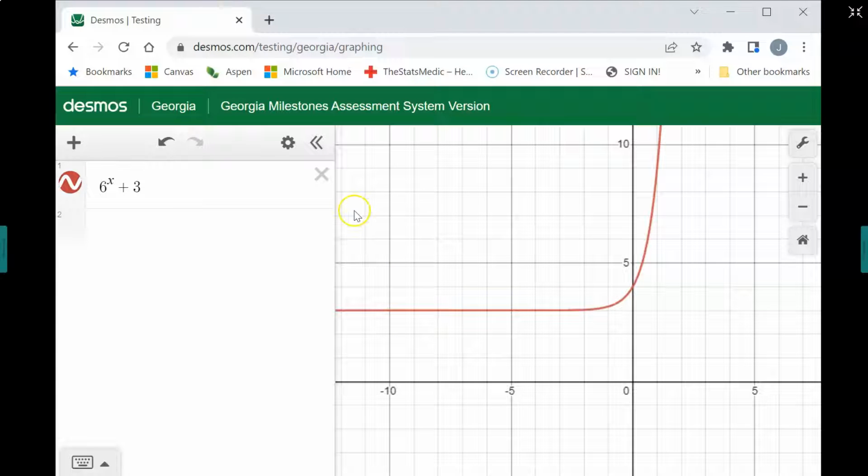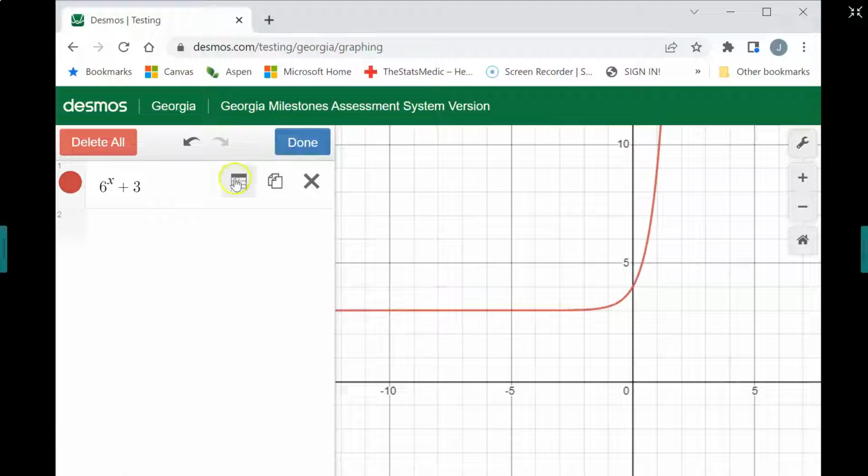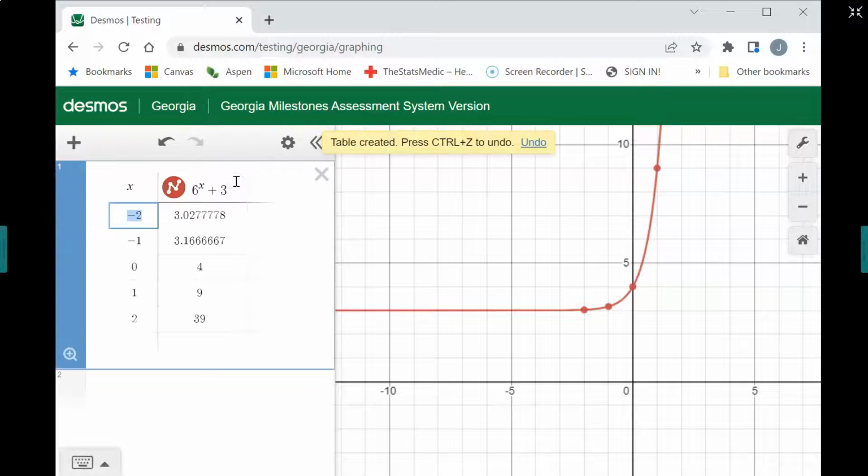In Desmos, with my equation in, I'm going to touch the settings wheel and pick the table of values. I needed where x was 0. When x is 0 for this equation, my y value is 4. So I'm going to write that next to the 0 to make the point.